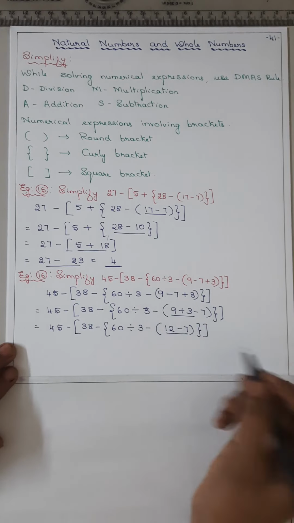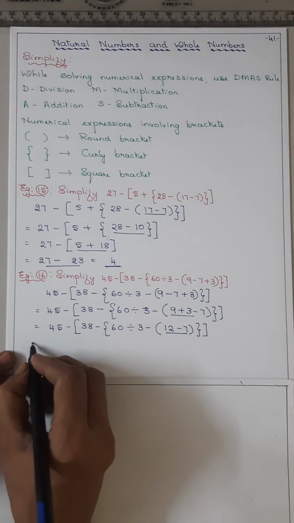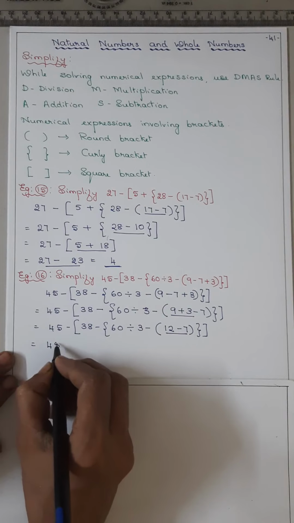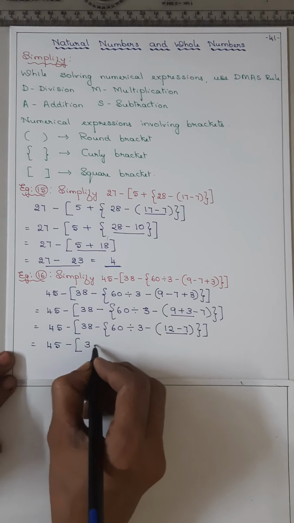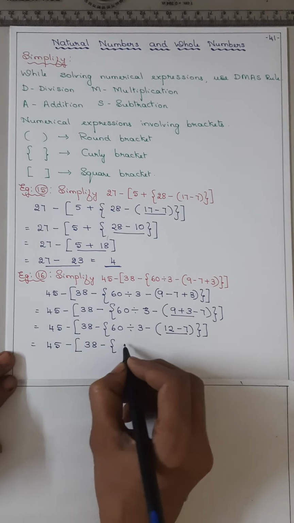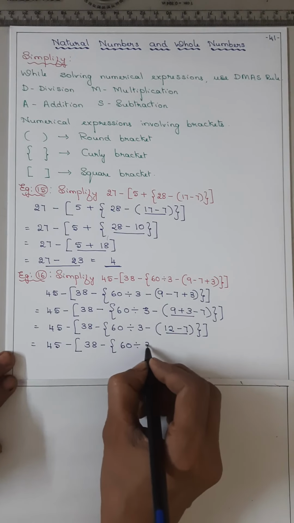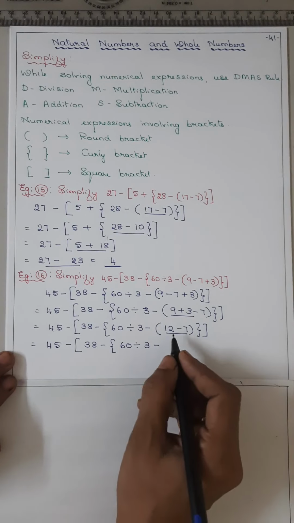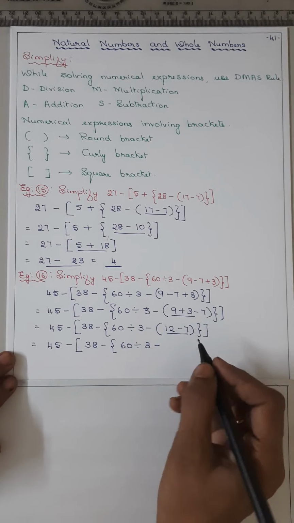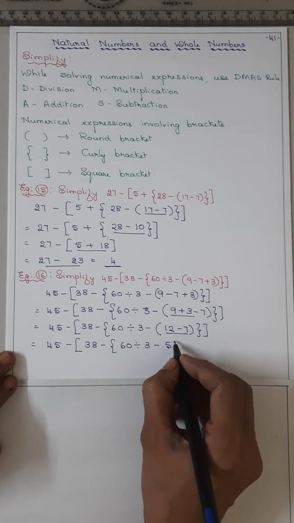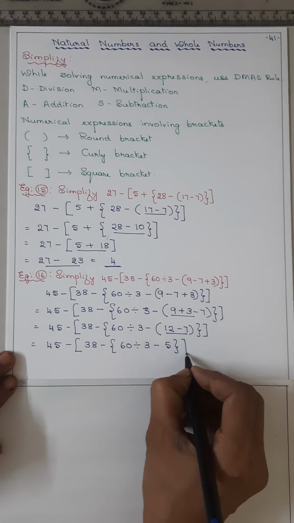Now underline 12 minus 7. 45 minus 38 minus curly bracket 60 divided by 3 minus 12 minus 7 is how much? It is 5. Okay.